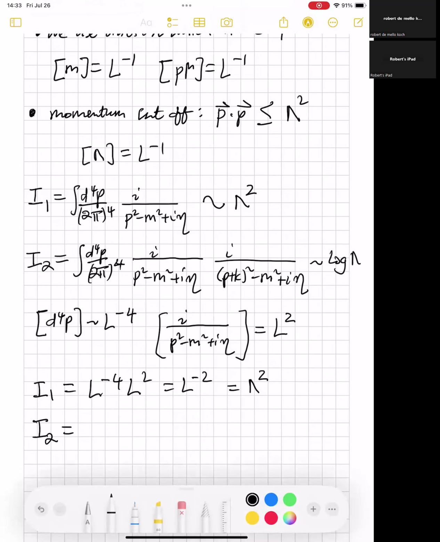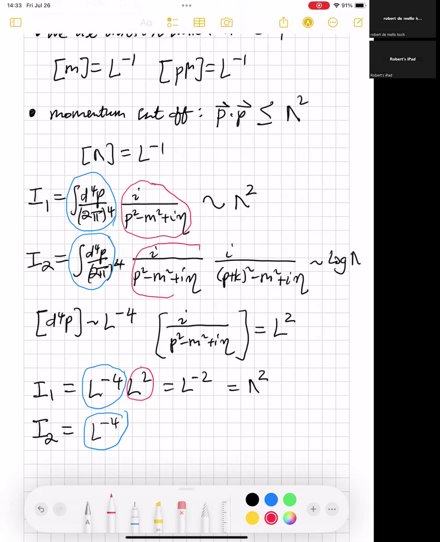In the same way, if we look at I2, well, from the integral d^4p, so let's maybe color code, okay? This is the integral d^4p, the integral d^4p. That's what's giving us this length to the minus 4, okay? So here we'll have a length to the minus 4, and that's again coming from the d^4p. And then from each propagator, we get a length squared, okay?